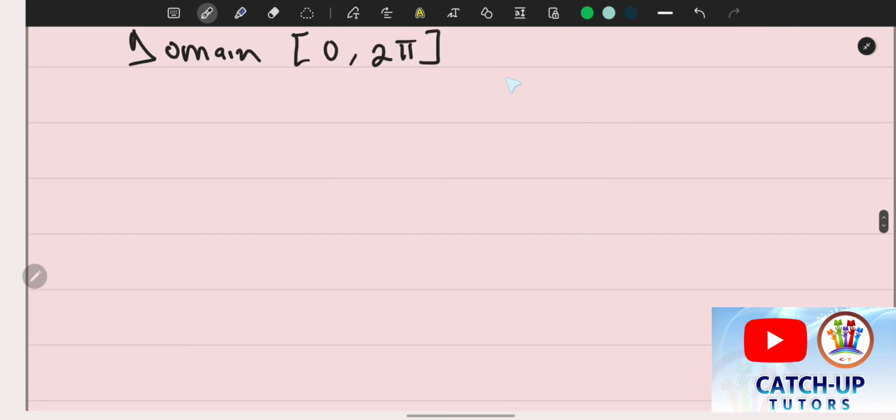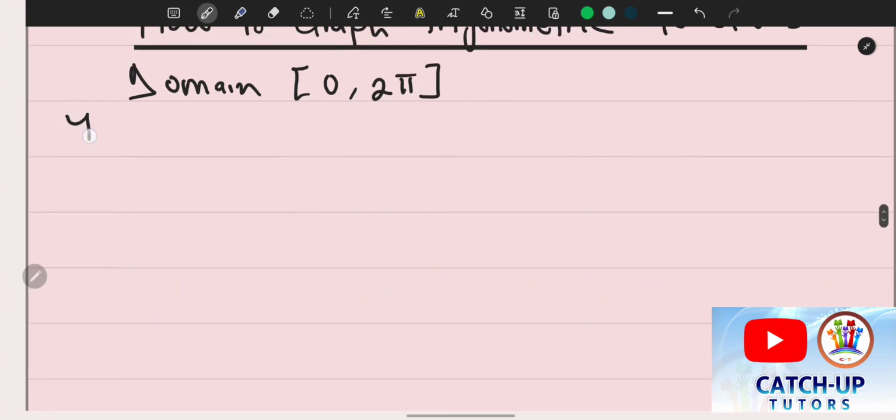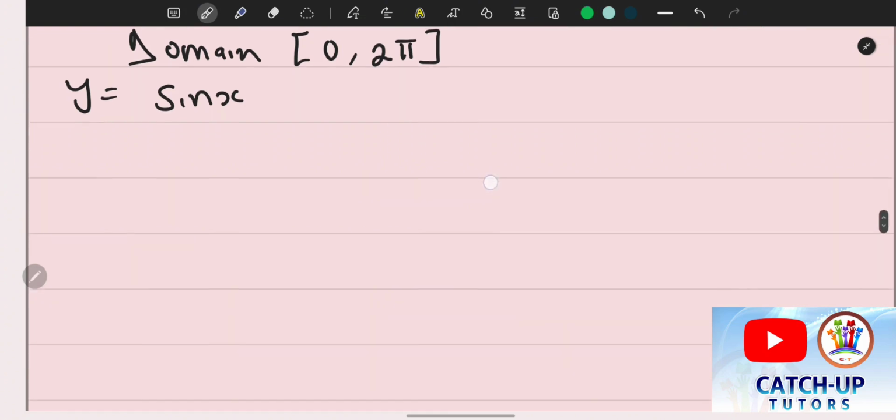Let's start with y equals sine x. For the graph of y equals sine x, this is what we have.